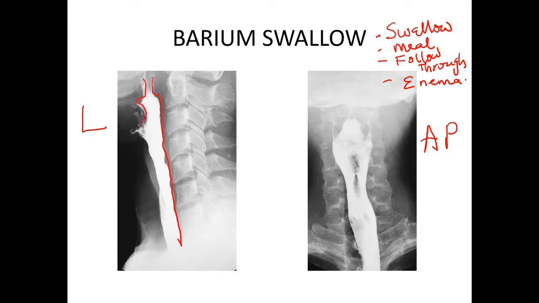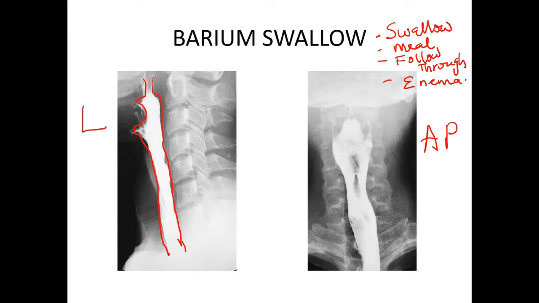And you can see the lumen is filled with the contrast with no abnormality. There is no narrowing. There is no cessation of contrast. As well, there is no filling defect.